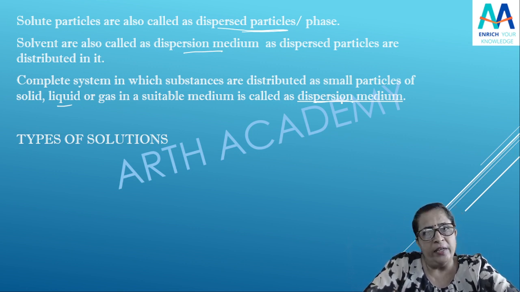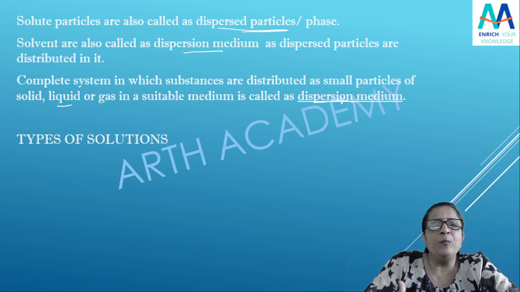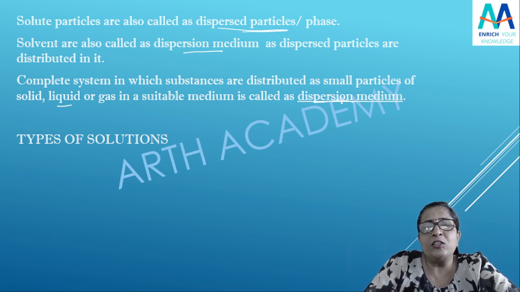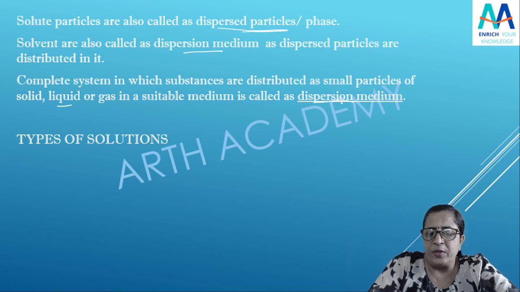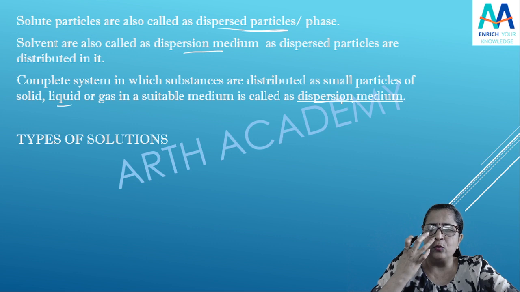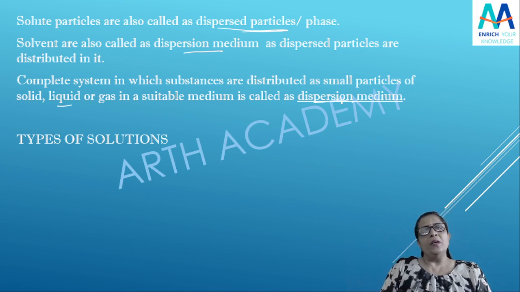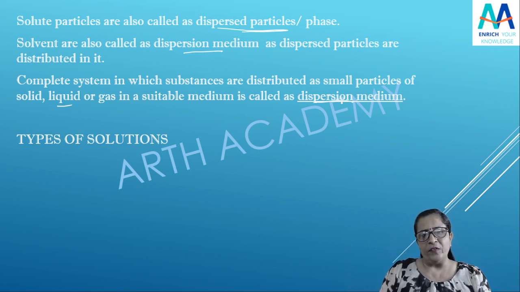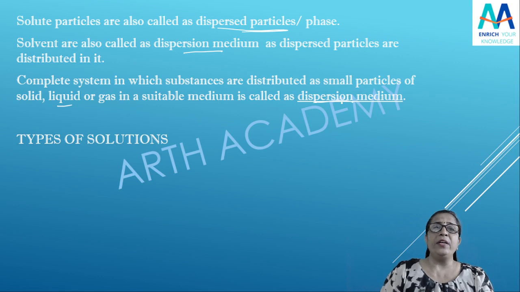It can be solid, liquid or gas. They are dispersed there. So that is called a dispersion medium. I hope this is clear. So the two components of a solution, solute as well as solvent. Now, what are the different types of solution?